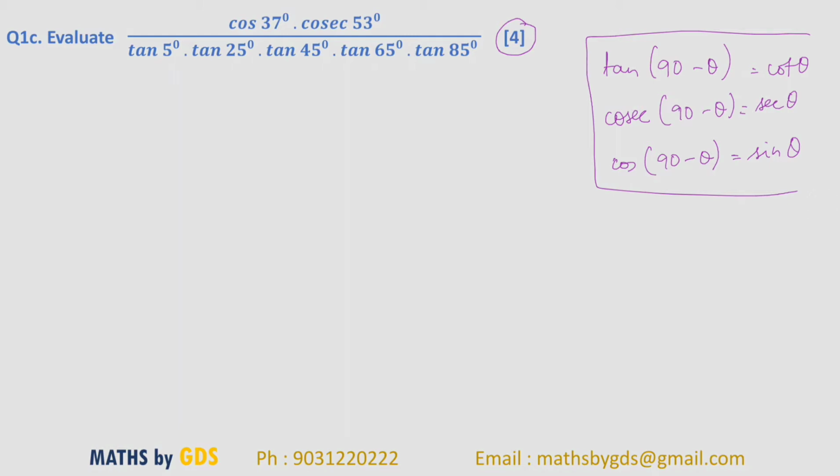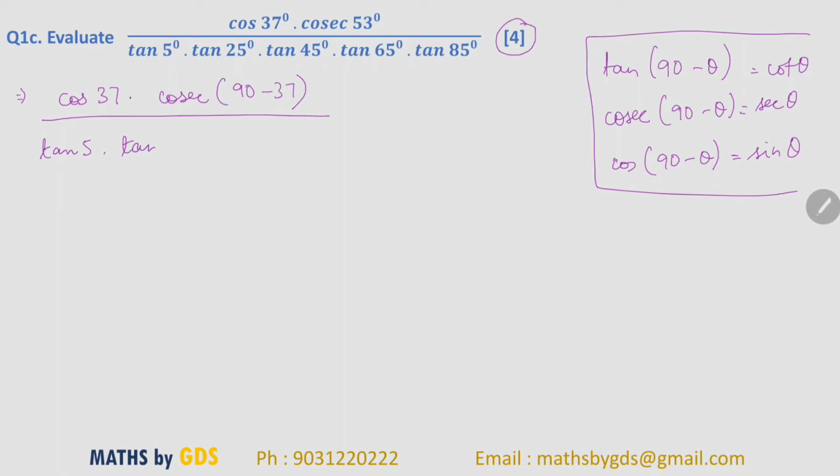Alright, now first step, cos 37 degrees we'll write as it is. Now cosec 53 degrees can be written as 90 minus 37. 53 can be written as 90 minus 37, right? Now tan 5 will be written as tan 5.